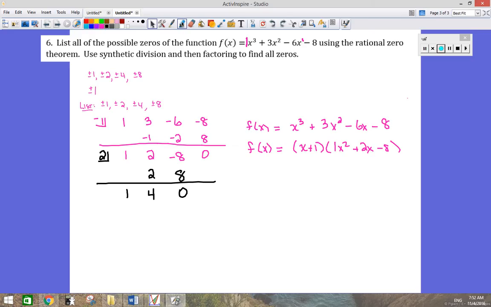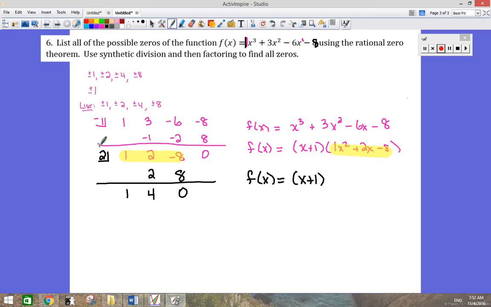Now if you look at 1 and negative 8, here still 1 and negative 8, it still has the same leading coefficient and the same constant term, so it has the same list.